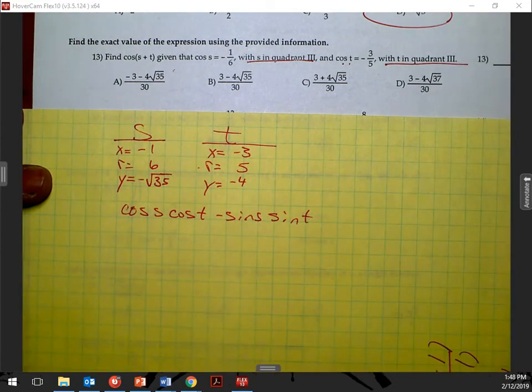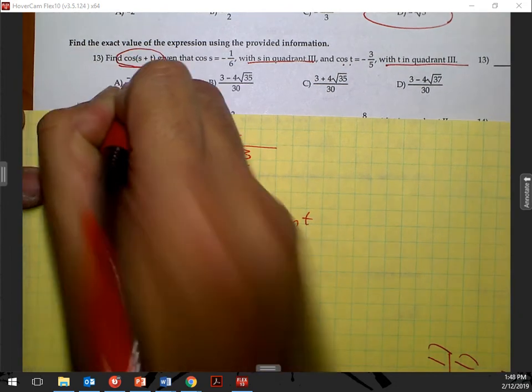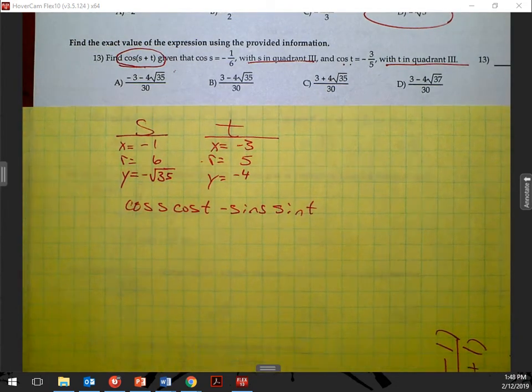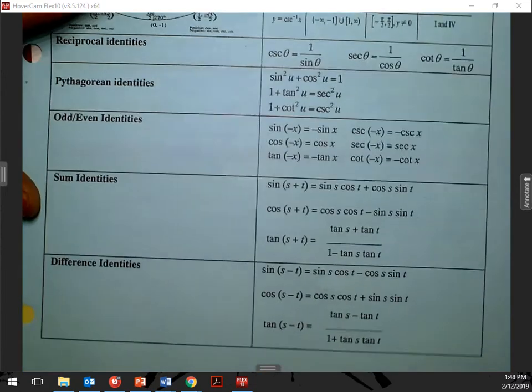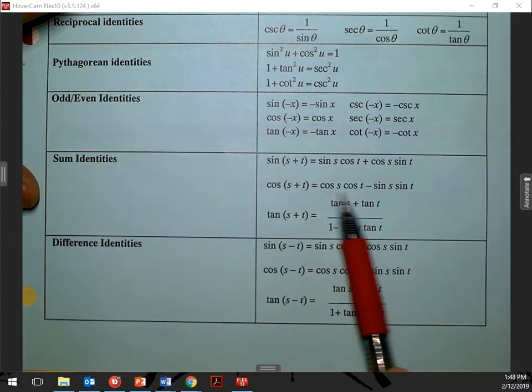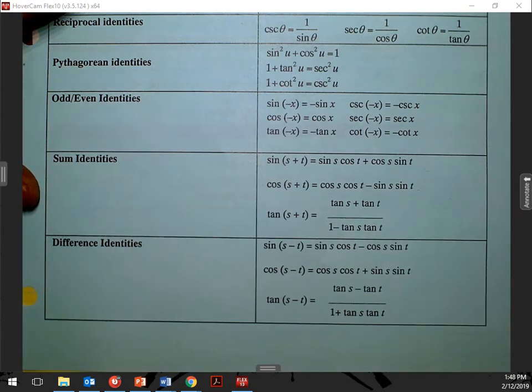Are we finding sine or cosine? Okay, what's it say? Find cosine. Find cosine, right? Yeah, that's minus. I was looking at the bottom.